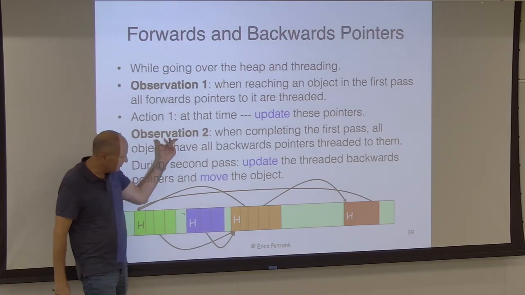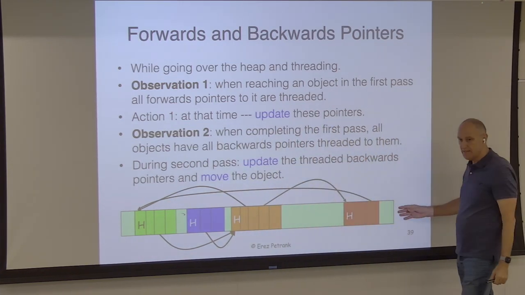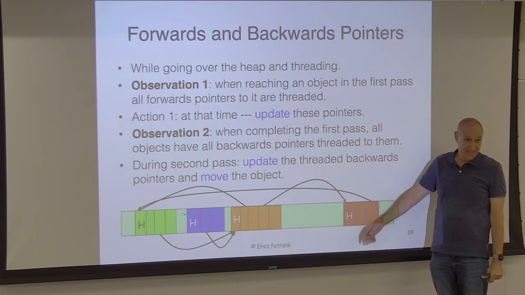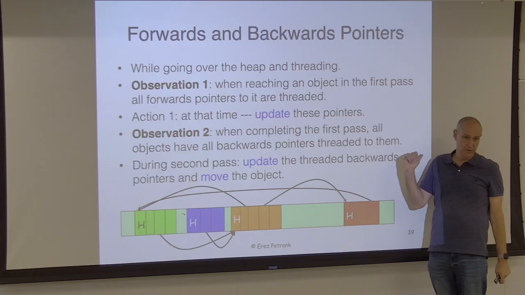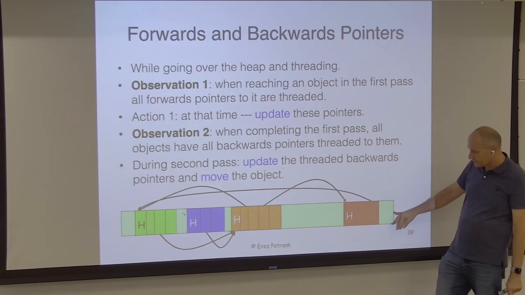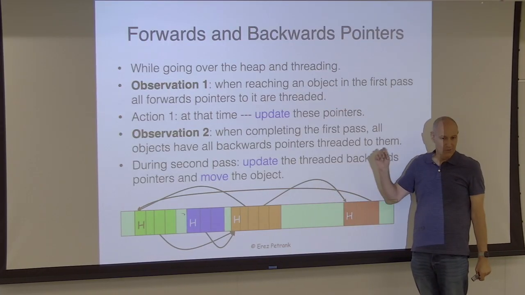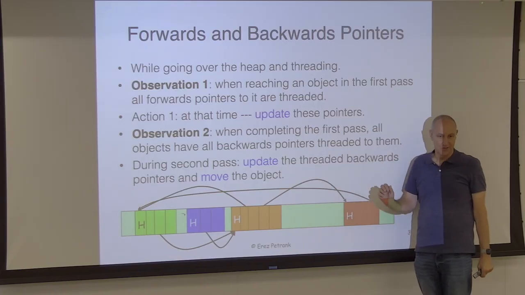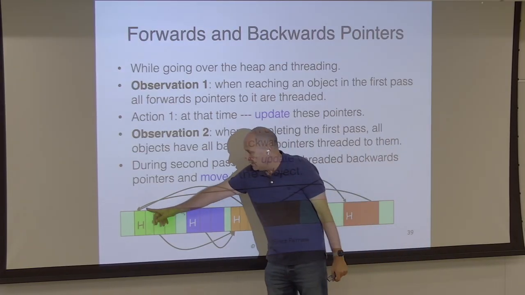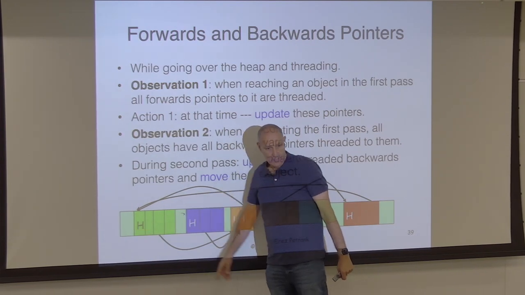And the second observation is when I'm done going over the entire heap in the first pass, I have all pointers threaded to it. And since I've already handled the forwards pointers, what I have is only backwards pointers. So when I come here, I know that each object has a threaded list of all backwards pointers that point to it. So if this is a backwards pointer, it's going to remain threaded to this when I finish the first pass.